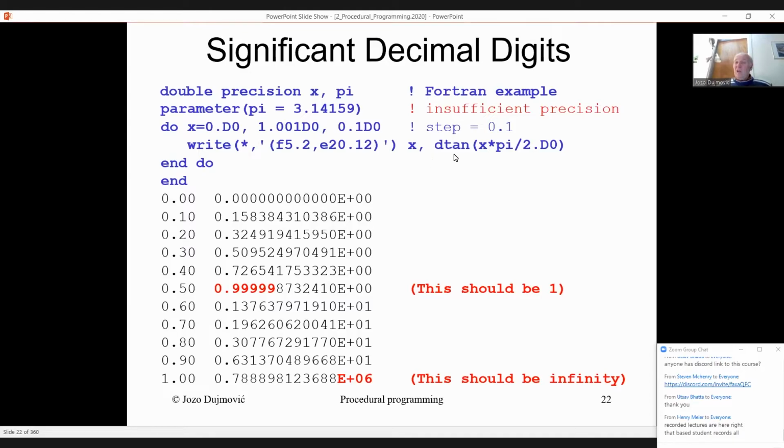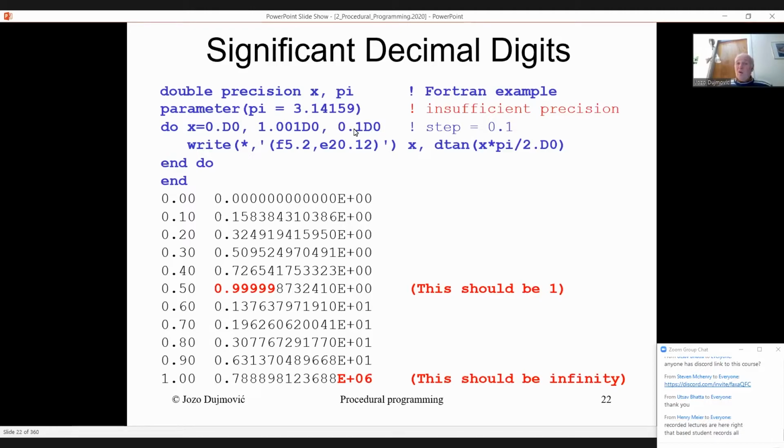So if I have that x is 0.5, I should get that the tangent is 1 because this is a triangle that has 2 equal sides. Therefore, the tangent is 1. What I get here is 0.999999, but the rest is random junk. So I get only 5 significant decimal digits that are correct. The rest is completely wrong.